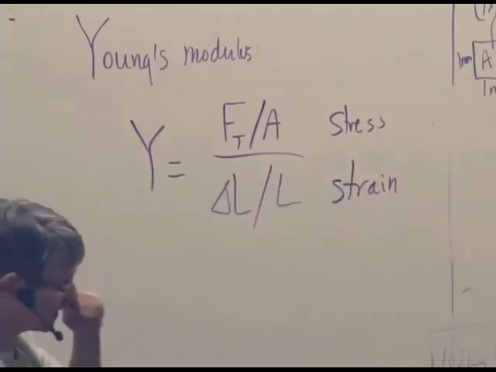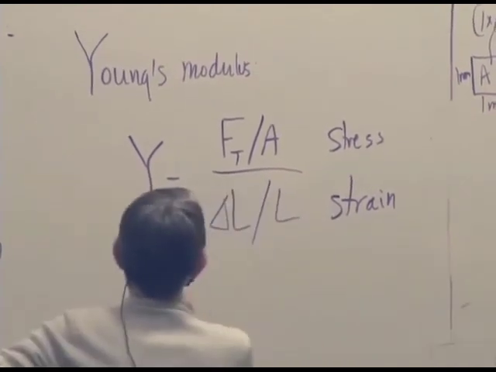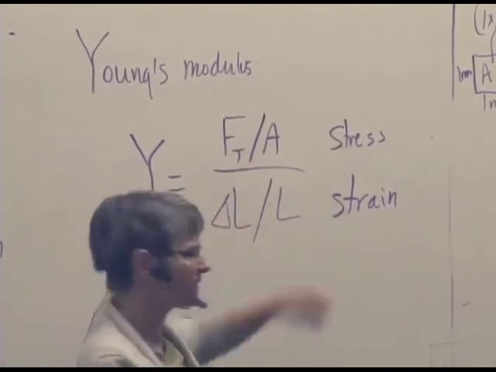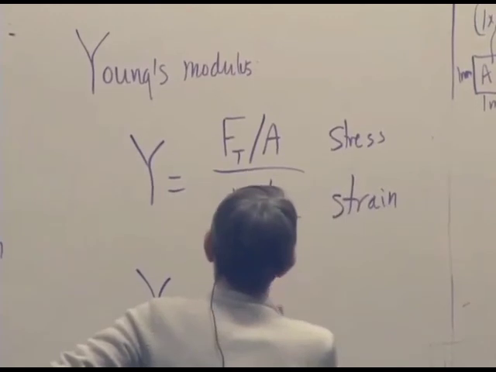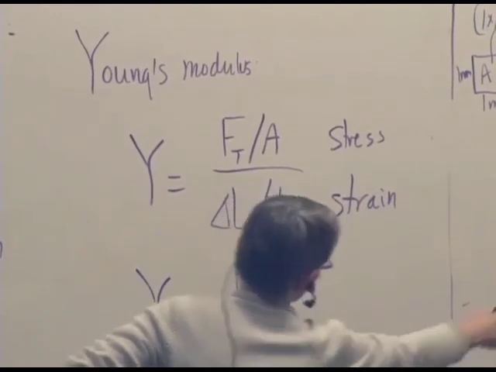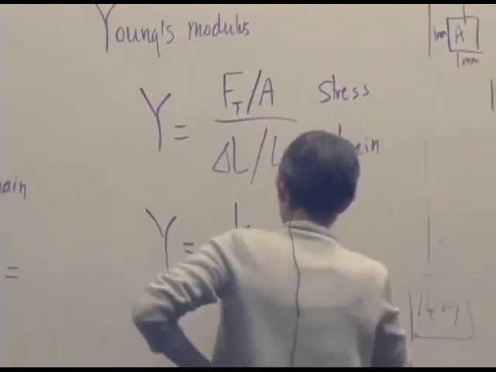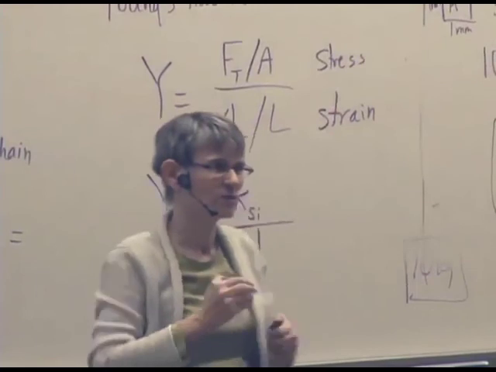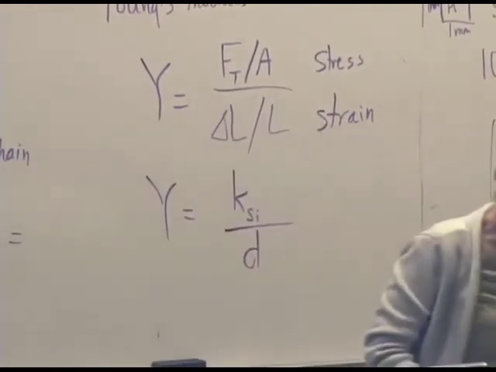And if we go through the math, which we'll do next time, it actually ends up that we can show that if we know Young's modulus from making these measurements, it turns out to be equal to this interatomic spring stiffness divided by the length of one of these bonds. So we can actually figure these things out directly from these macroscopic Young's modulus measurements.